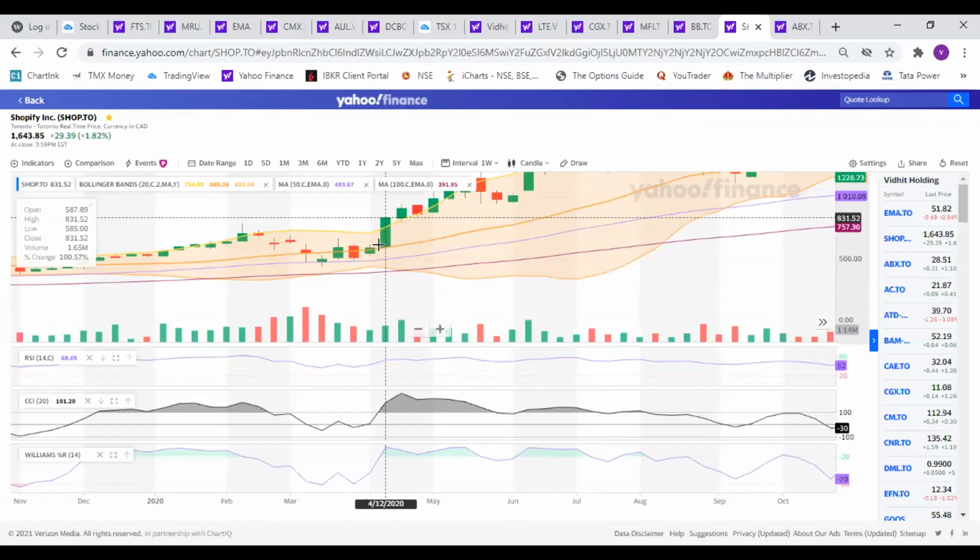Now that was on December the 4th, 2020. It shoots out. What is the high? 831. Now even if I buy at 832 on 14th or 15th of December, I buy it in this week, 832, all right?